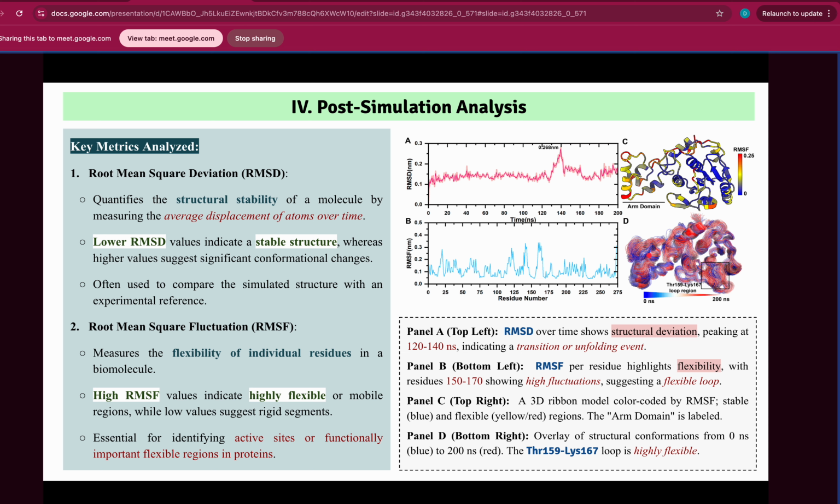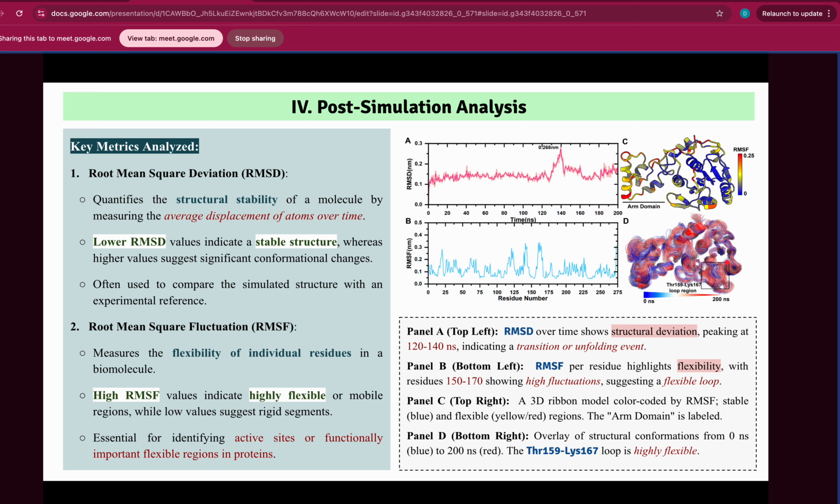After performing the RMSD and RMSF calculations, they performed an overlay of structural conformations. From 0 to 200 nanoseconds, they have taken pictures of the protein conformation. For each such position, they are overlaying it. They overlap all those pictures of the protein which they have taken, and then they see which positions are showing a change in conformation.